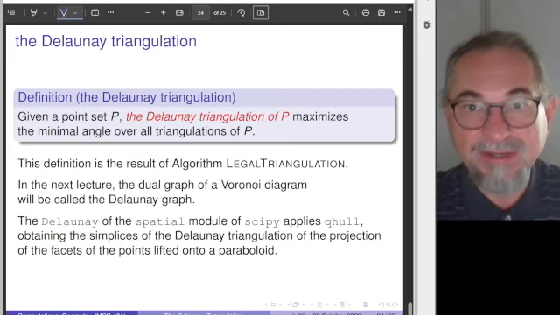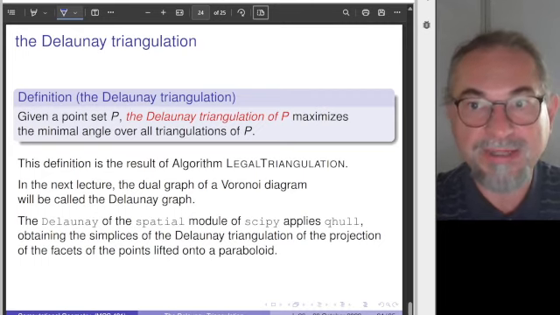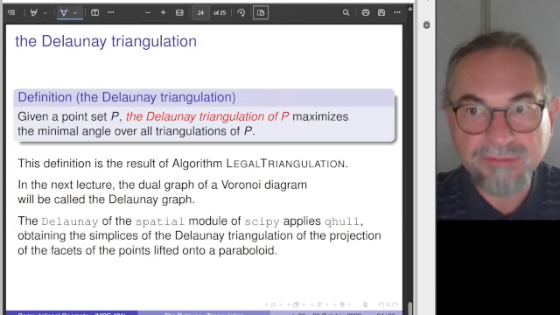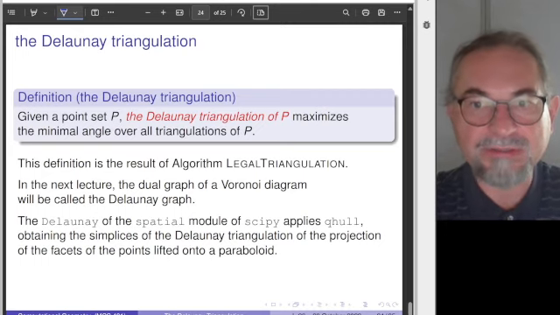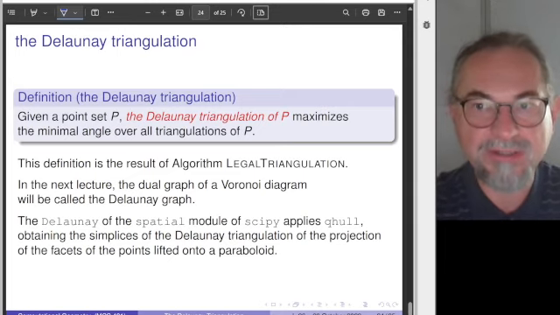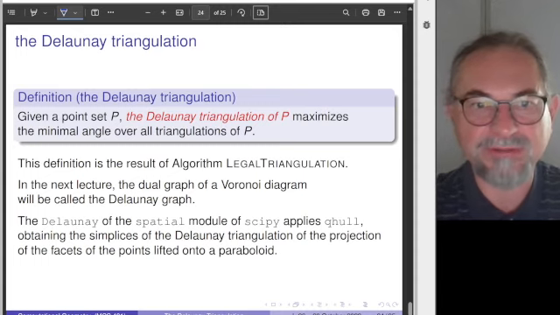But the main result is that the outcome of the algorithm, so the algorithm terminates, the result of that algorithm is actually the Delaunay triangulation. It maximizes the minimal angle. It's not entirely correct to talk about the Delaunay triangulation because it's not really unique, but for the purposes of this lecture, it will suffice.